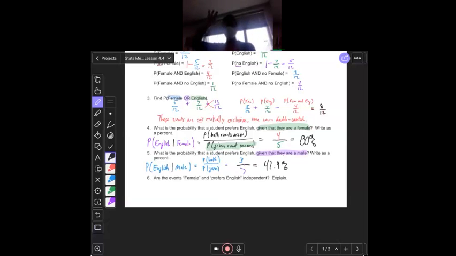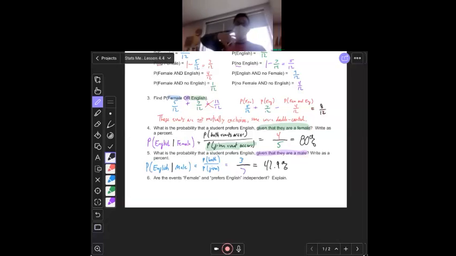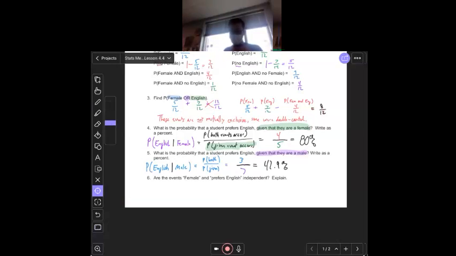So we have the probability of a student preferring English given that they're female, with the probability of a student preferring English given that they're male. And we're asking, are the events of being female and preferring English independent? Are they linked? Does one have an effect on the other?